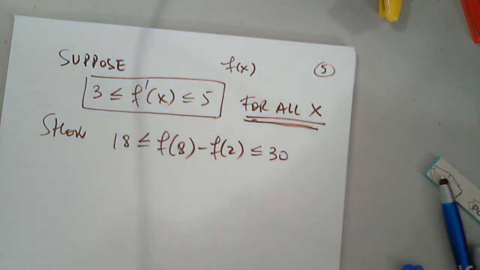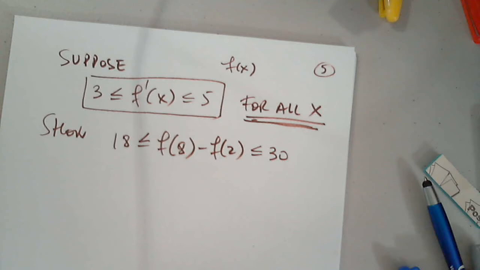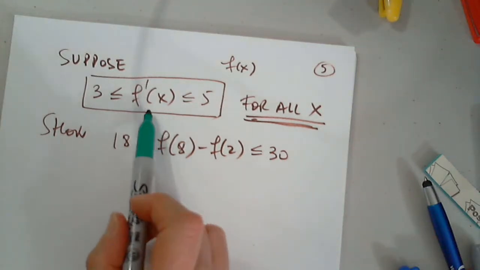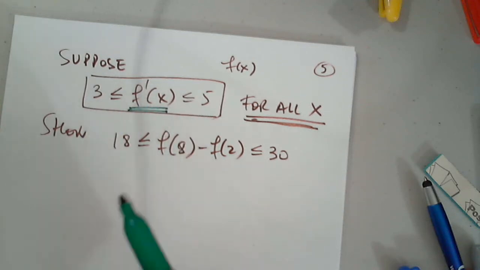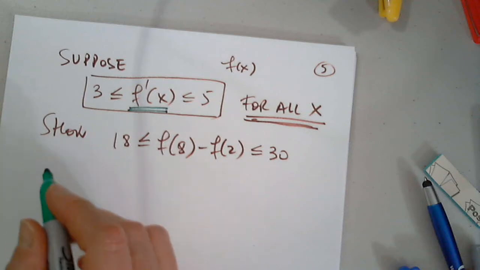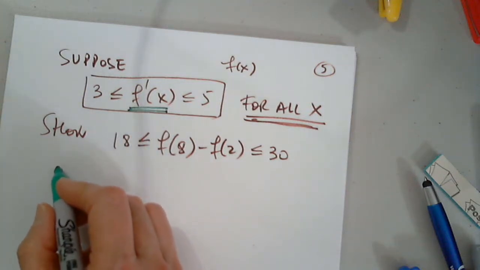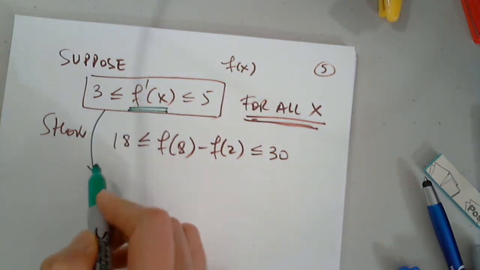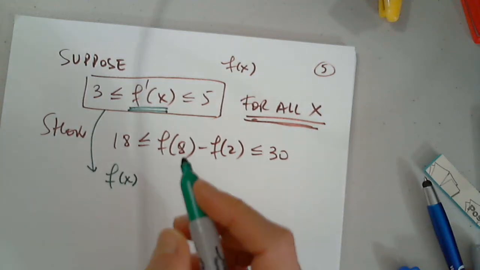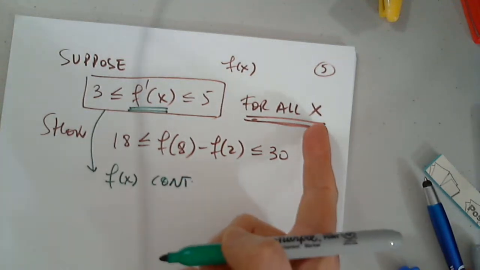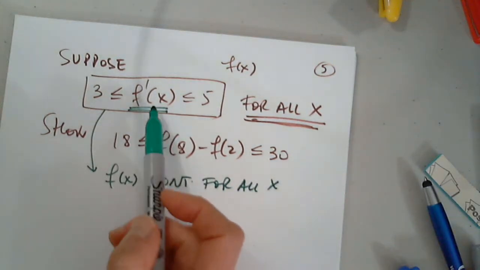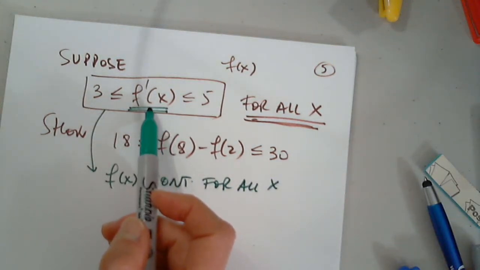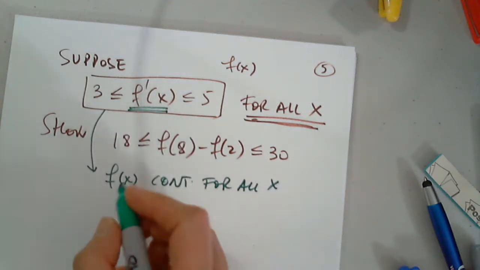Okay, so the moment I'm told that the derivative of this function is between 3 and 5, I know for sure that f of x is continuous for all x, and its derivative exists for all x.